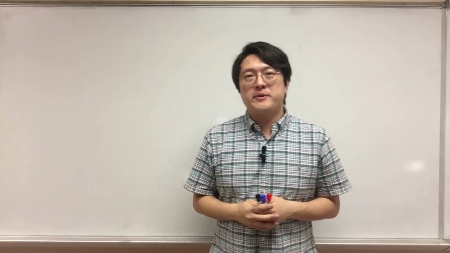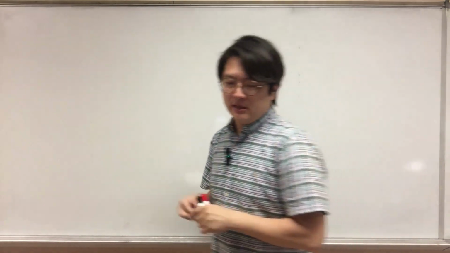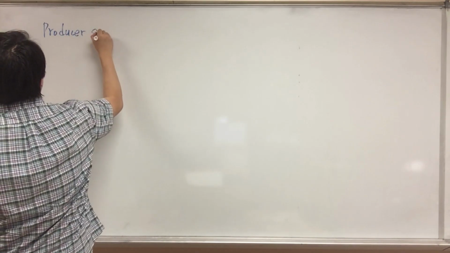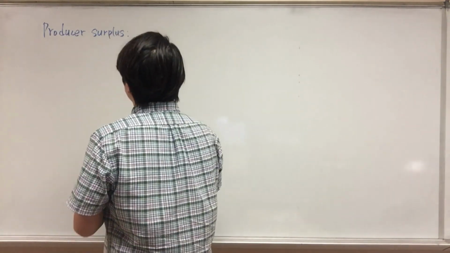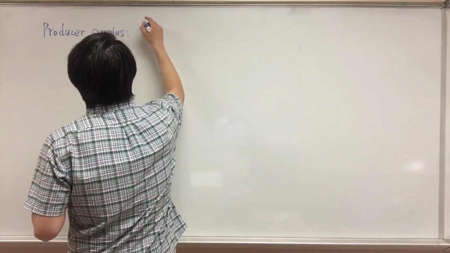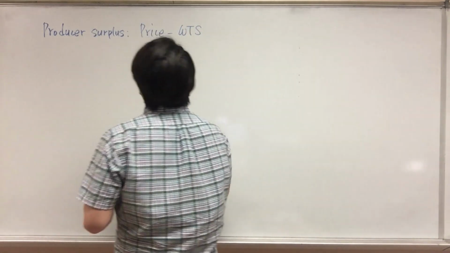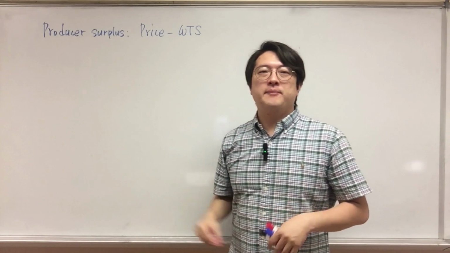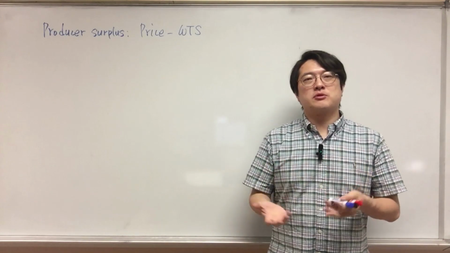Now we will study producer surplus. Producer surplus also means the profit that producers have, right? It is the market price minus their willingness to sell at each price. So the market price minus the price at which the producer wants to sell is the producer surplus.